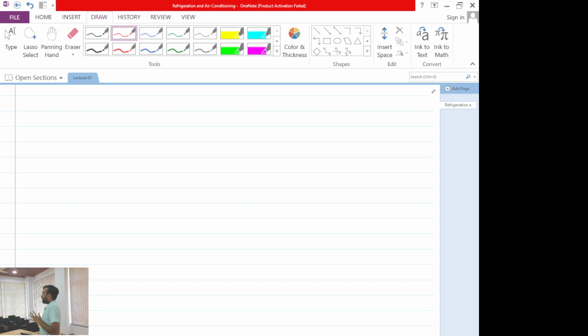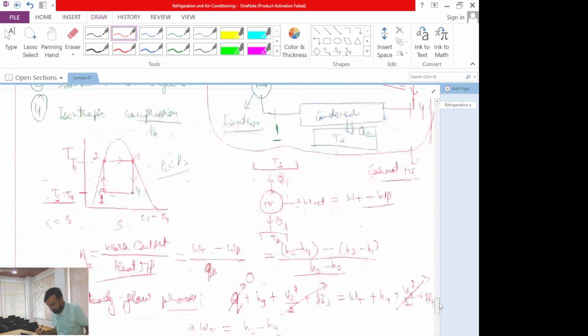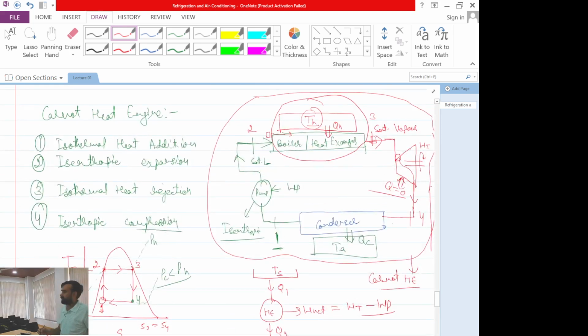refrigerator. If I have to operate a refrigerator, what do I need to do? I need to reverse. See what is happening in this block diagram. I am taking heat from high temperature and rejecting heat at low temperature.